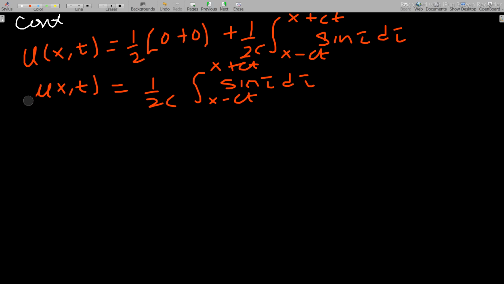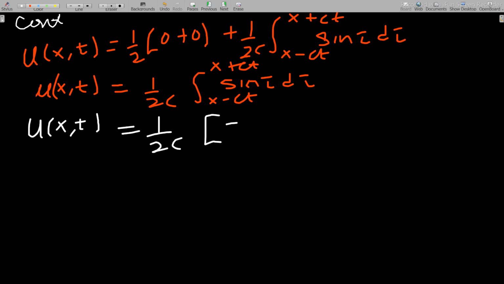So we only have u(x,t) equal to 1/(2c) times the integral of sine, which is minus cosine of tau, from x-ct to x+ct.